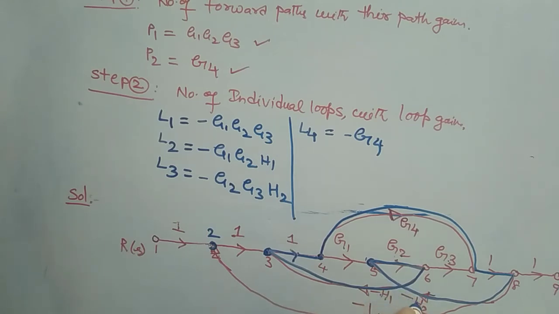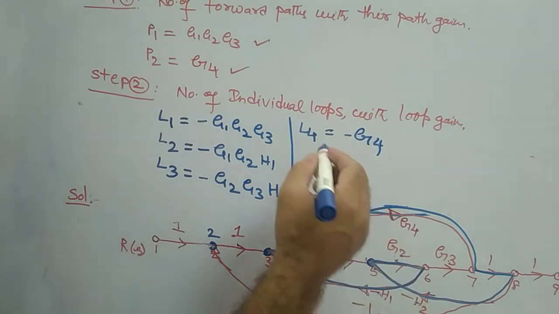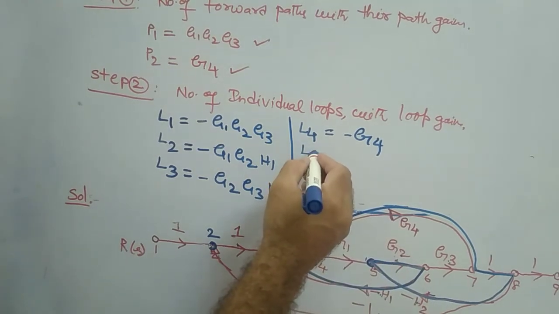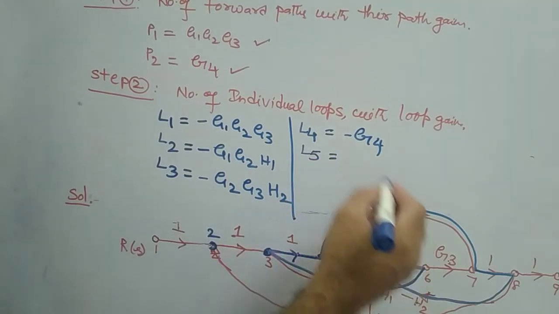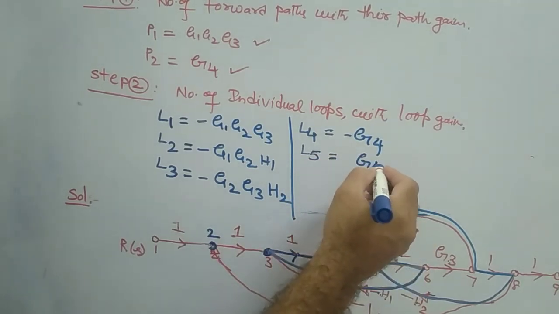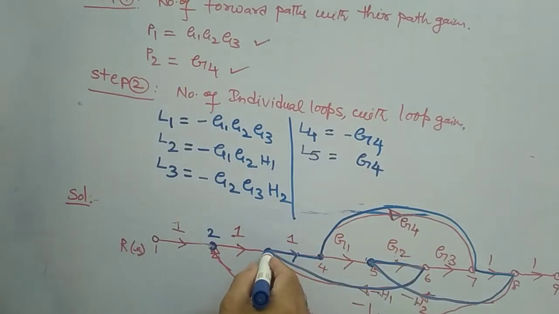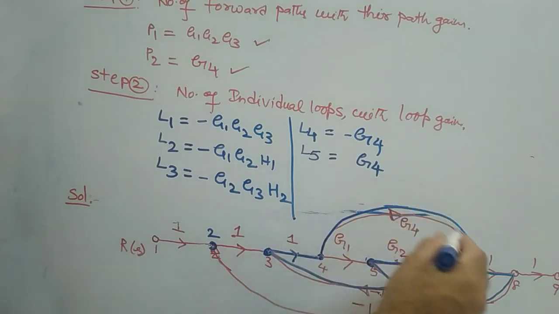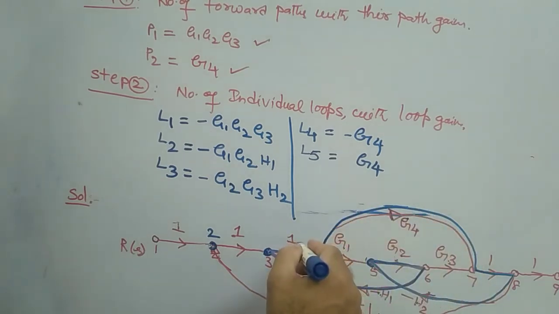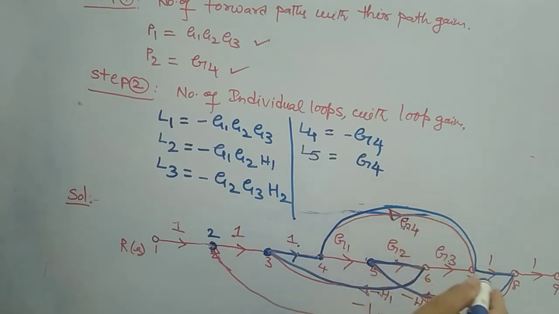Therefore minus H1 and minus H2, minus into minus, it is plus H1 into H2. So that is G4, nothing but your L5. Your L5 is equal to G4, is it not? Because you are starting from 3, it is 1 into G4 actually. 1 into G4 is G4. G4 into 1, G4. Okay, G4 into this one, H2.